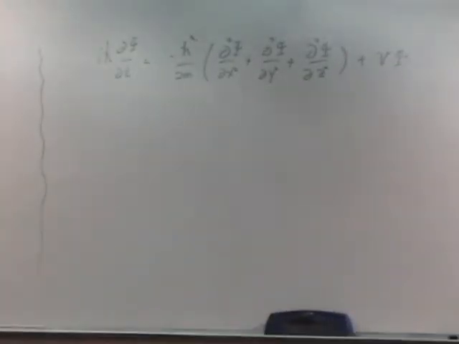Now, many of you have already taken your differential equations class, and you see this, oh, this is a nice, cute little differential equation. And you know exactly what to do. You seek a ψ that satisfies the equation.